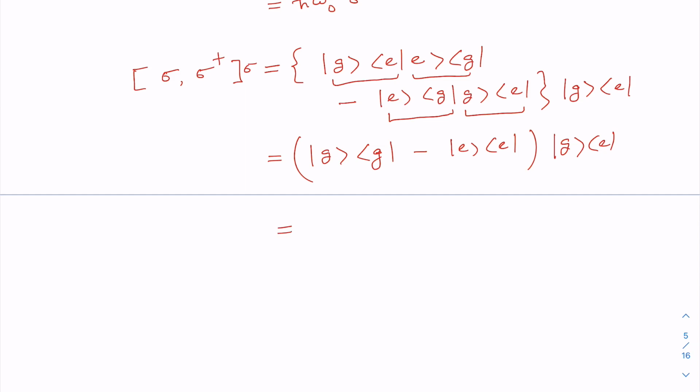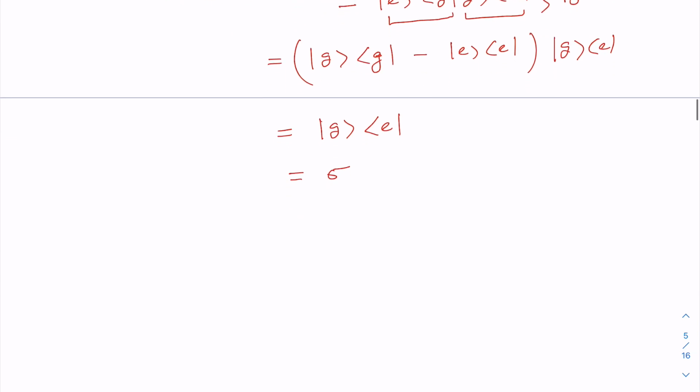You can now immediately see that this will simply give you z bra e, and this is nothing but the atomic lowering operator.